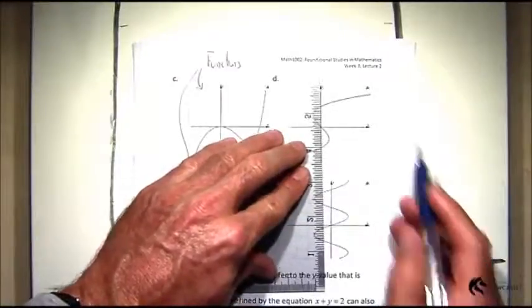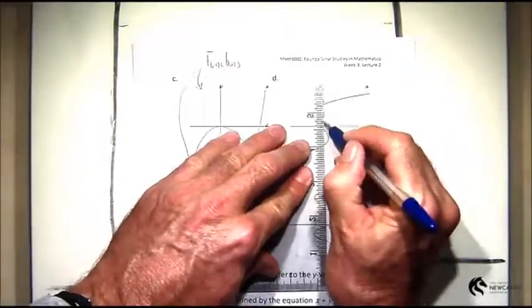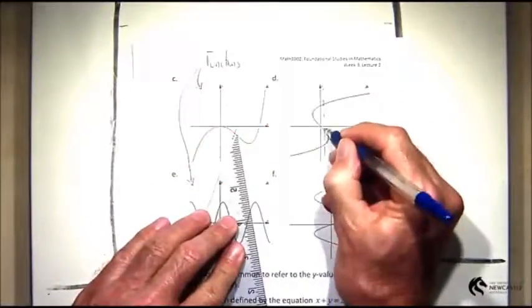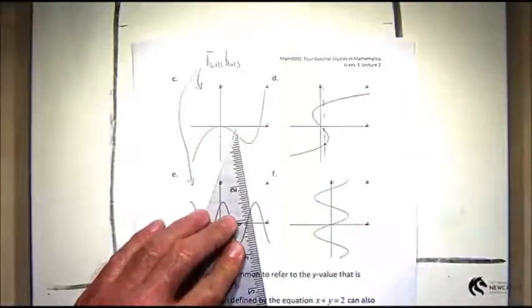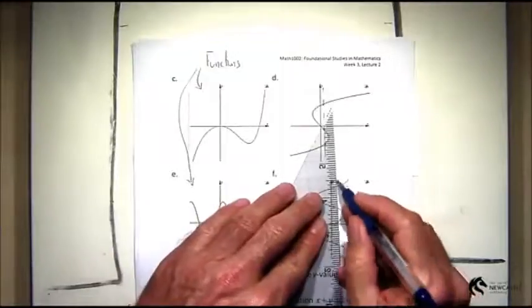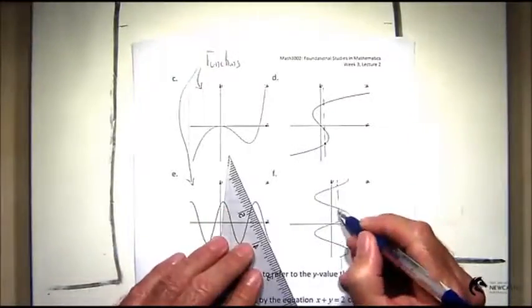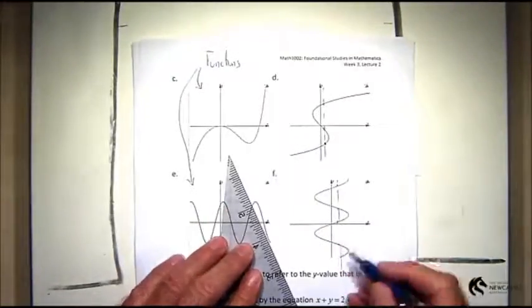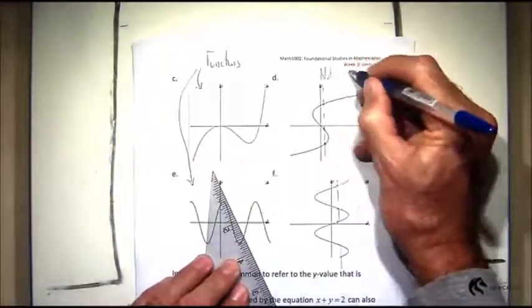So for example, if I were to draw that vertical line, that cuts the graph more than once, so that precludes that from being a function. Likewise here. That's not even vertical, but anyway. Okay, so these are not functions.